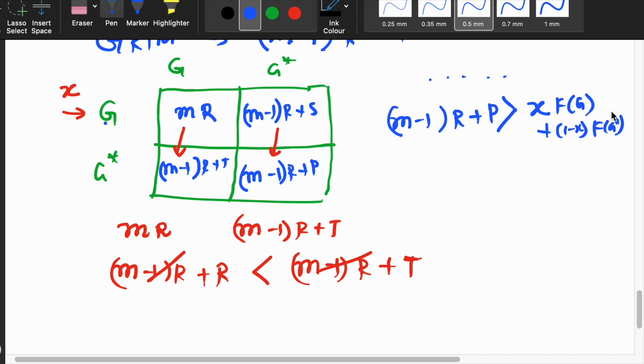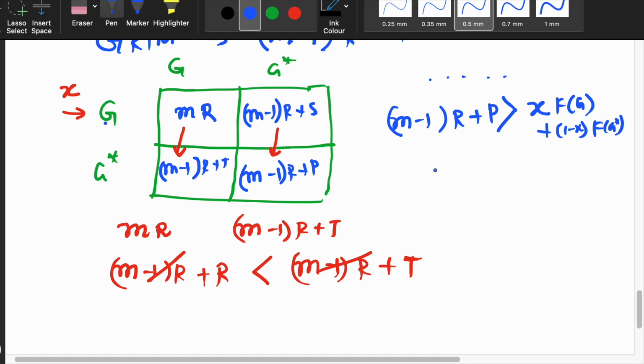It is very easy to calculate. The fitness of individuals playing green star will always be higher than that of any individual playing a mixed strategy, where with probability X I play green, and with probability 1-X I play green star. Is it clear? Yes, it is clear.